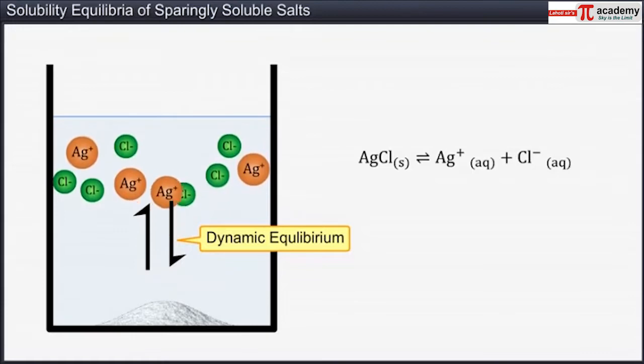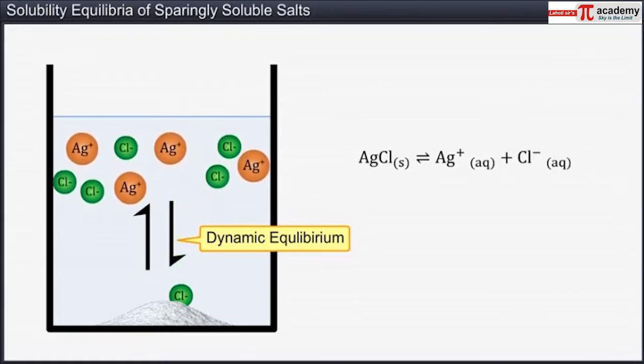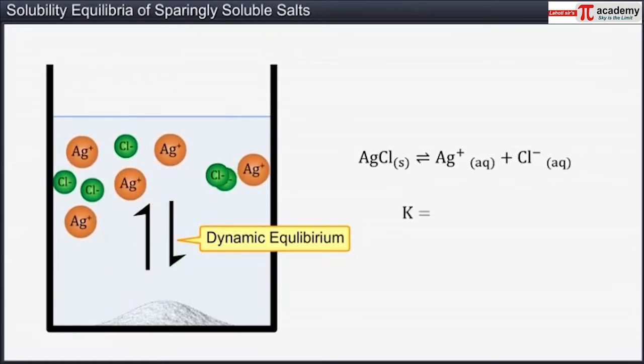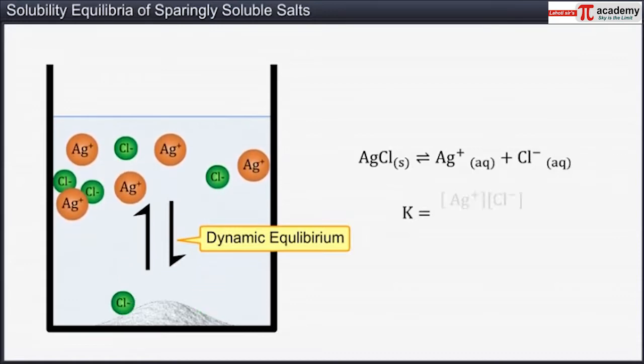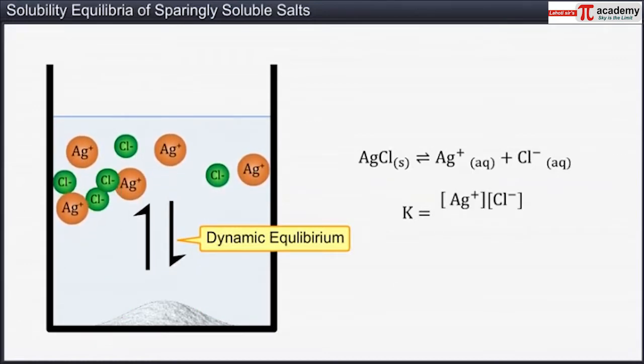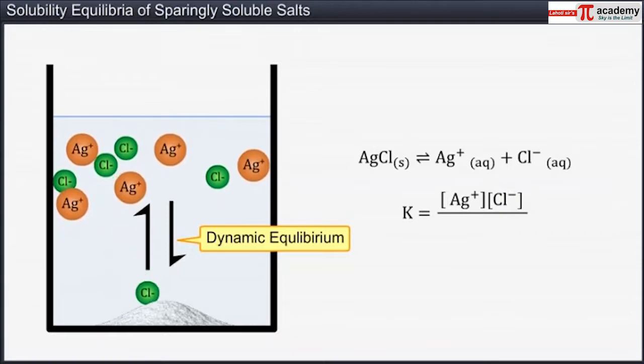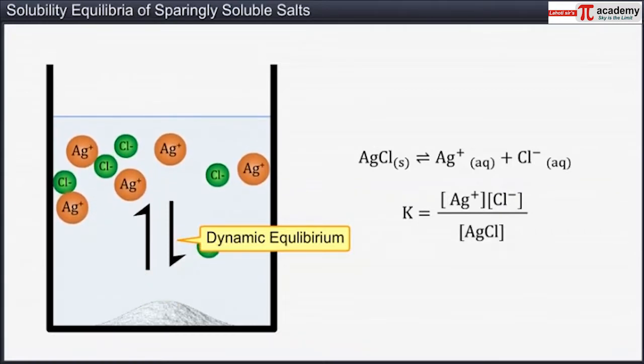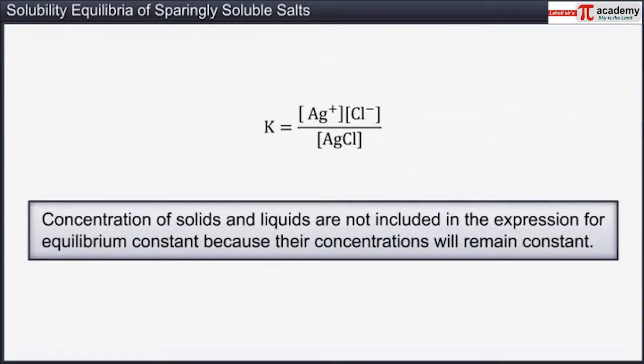The equilibrium constant for this equilibrium can be written as K equal to the product of concentrations of silver ion and chloride ion divided by the concentration of silver chloride. You have learned that the concentrations of solids and liquids are not included in the expression for equilibrium constant because their concentrations remain constant.